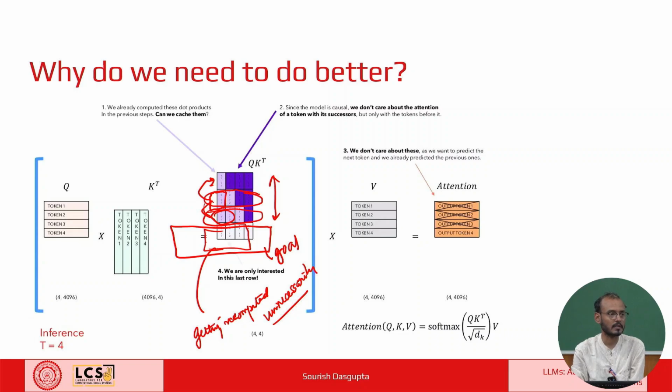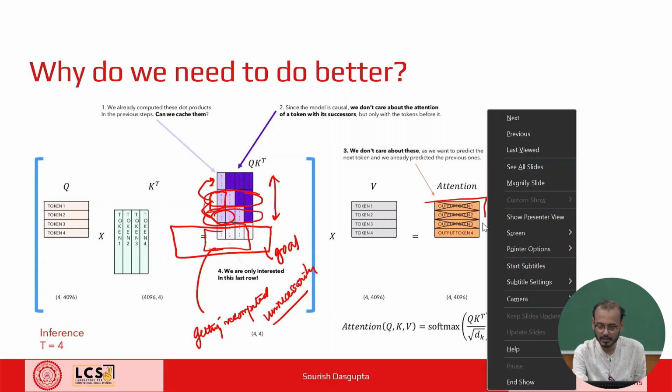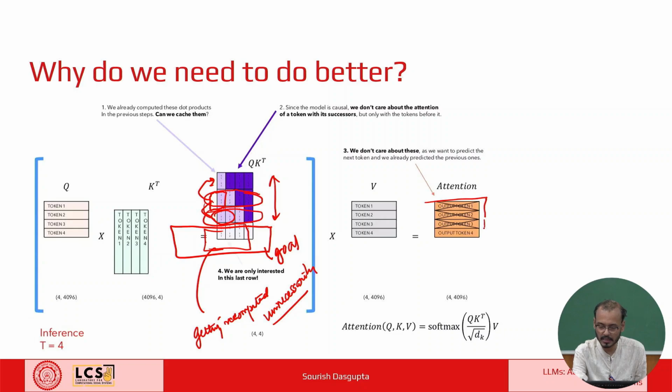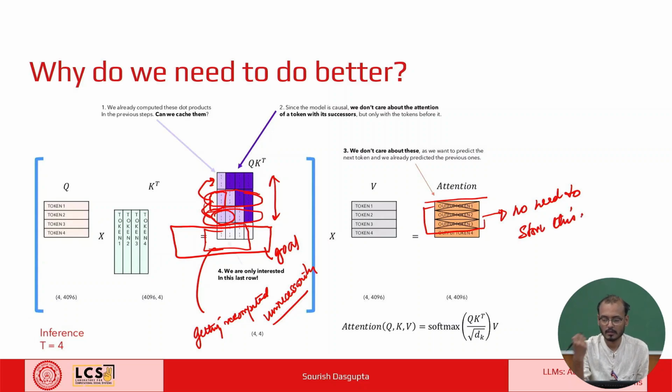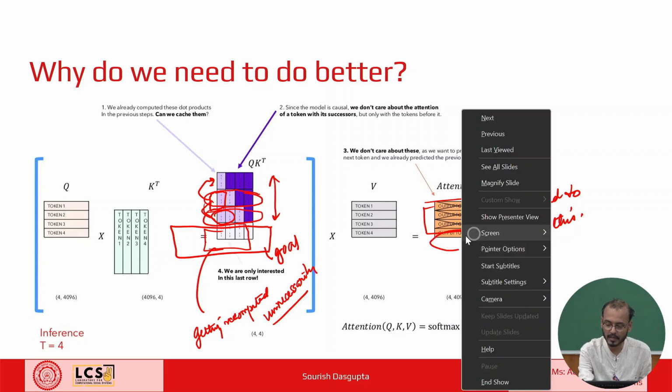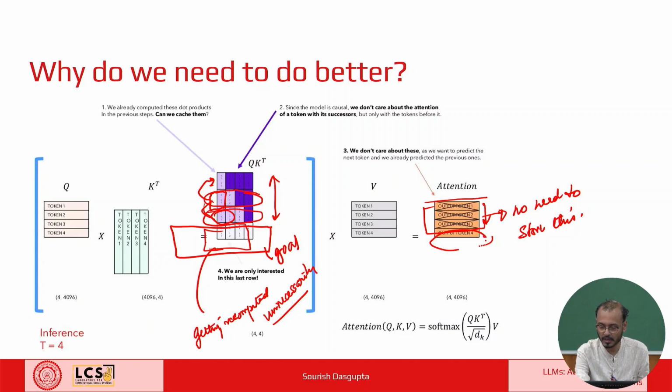The first three parts, right? Okay, so another thing that you need to understand is we also don't need to store the first four things, and it's only this final one that we are interested in.